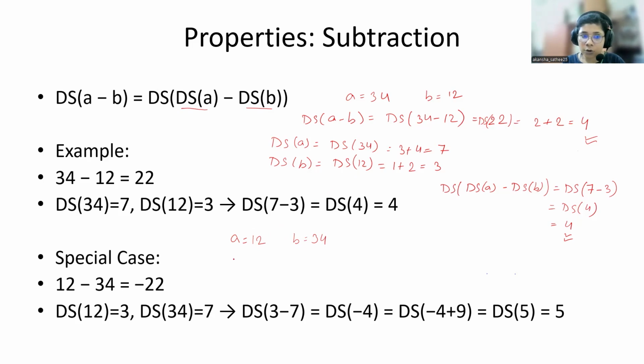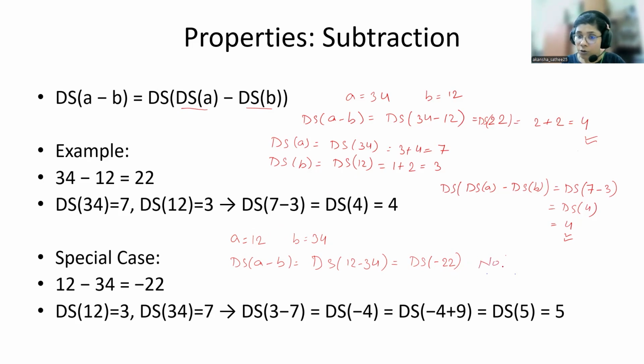So digit sum of A minus B is digit sum of 12 minus 34, but that is digit sum of minus 22. Remember, you cannot compute digit sum of a negative number.